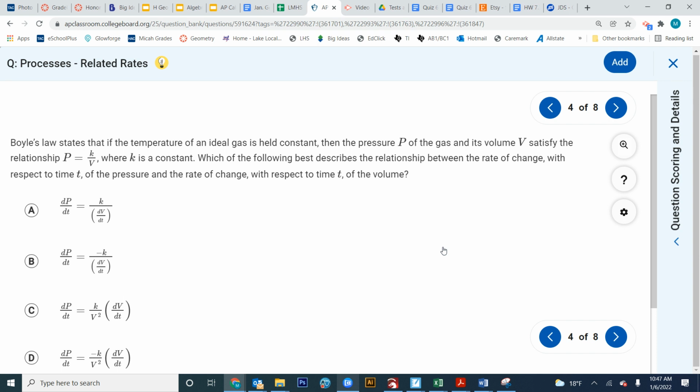In other words, find the derivative with respect to time. And K is constant. What rule is appropriate to take the derivative of P equals K over V with respect to time? What rule is appropriate on the right side? Quotient rule.